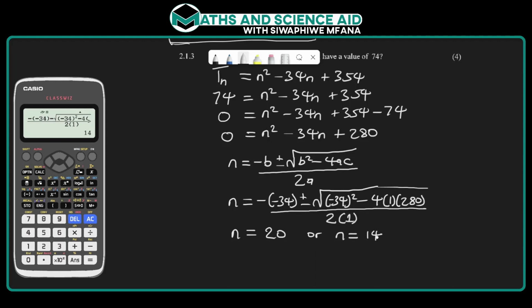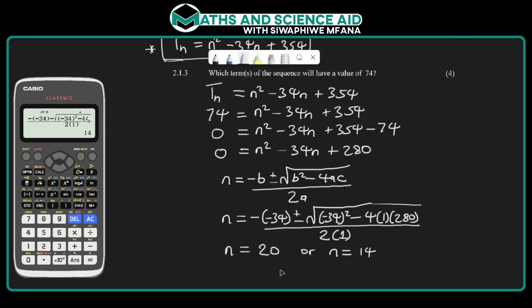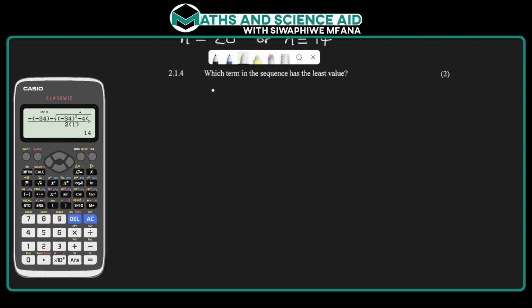Okay, so for our sequence, we are going to have two terms that will have a value of 74, and it is going to be term number 20 and term number 14. Now, the next question is, which term in the sequence has the least value?